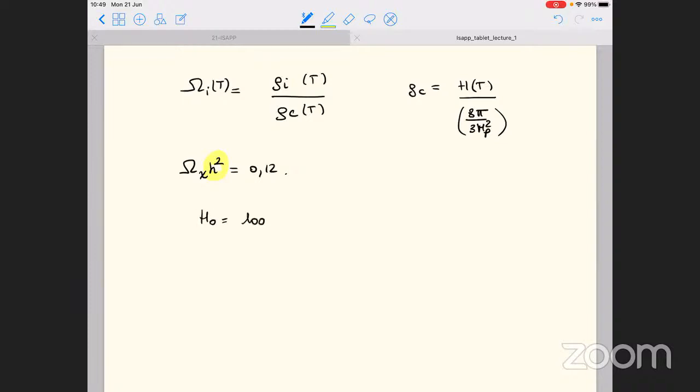So you write the Hubble rate today as 100 times small h kilometers per second per megaparsec, and h is 0.7 roughly from Planck measurements. So I hope that here I introduced all the quantities that are going to come again in the lectures. If you have any question, if anything is unclear, please let me know now or later.